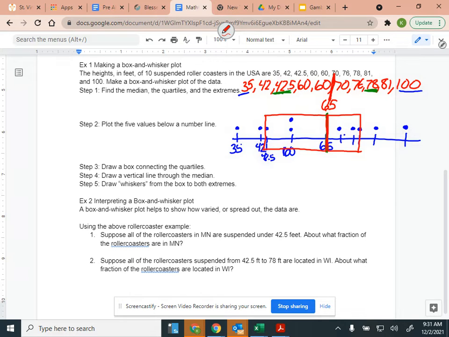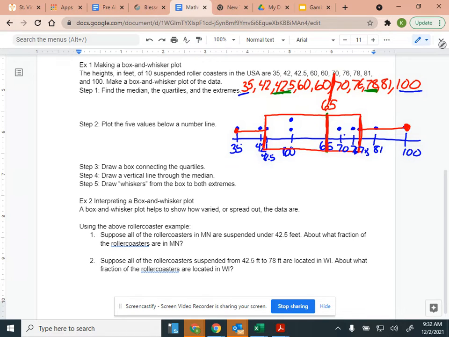Then we have our extremes. Those are the whiskers. So we've got our box, goes from the lower quartile to the upper quartile with the line for the median. Then we have our whiskers. The whiskers go from the lower extreme to the upper extreme. So we know our data set goes from 35 to 100. And I didn't write my numbers out for these. So this was 70, 76, 78, 81, 100.